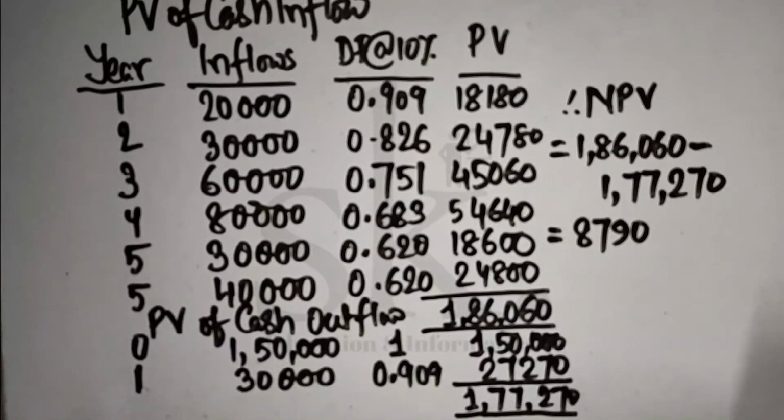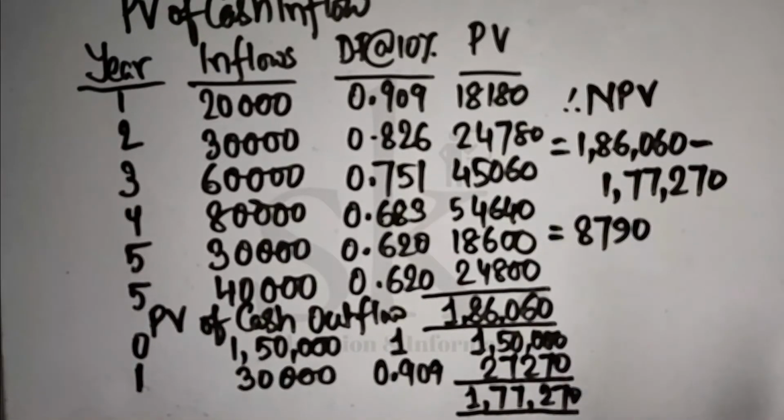So what we have understood from this particular problem is that even if investment is done in the 0th year, we consider that amount of cash outflow to be the present value because it's being invested at the 0th year. But if any investment is done in the first year or in the second year and thereafter, we require to discount that. So if I have invested rupees 30,000 in the first year, I also require to discount this amount.